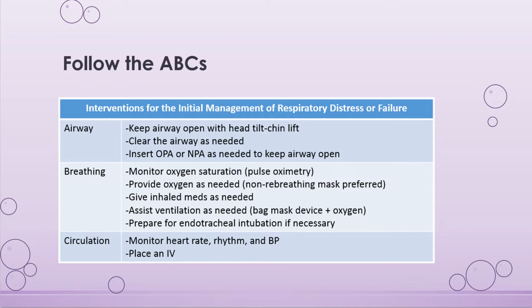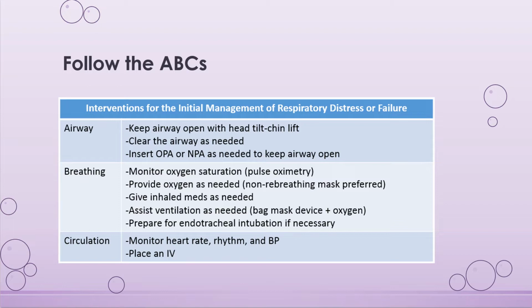We're going to give them inhaled meds as needed. We're going to assist ventilation if we need to. So if they're not breathing enough, like their respiratory rate is below 10 and they're in respiratory distress, we would consider it, and definitely if it's below 8, we're going to use a bag valve mask. We're going to be using that ambu bag.